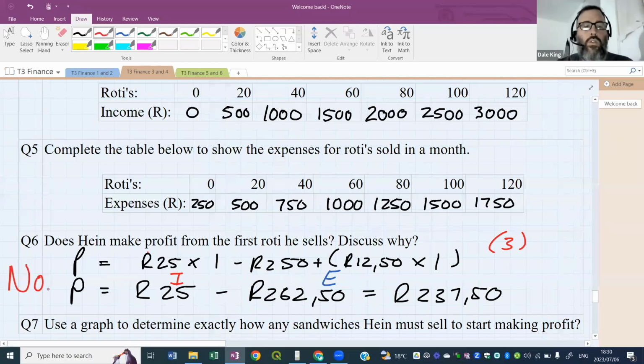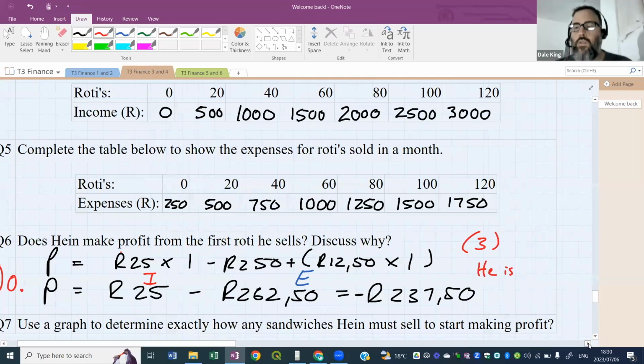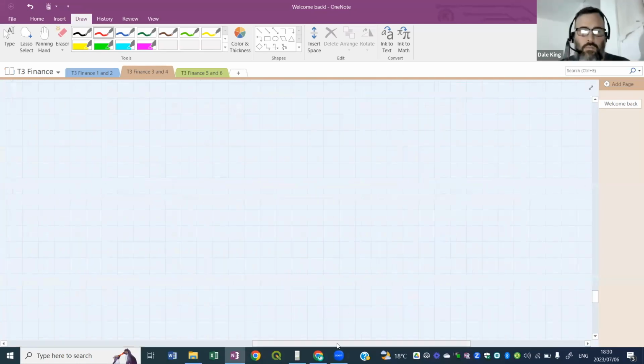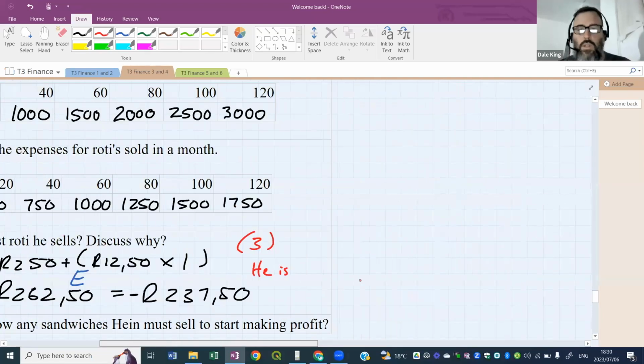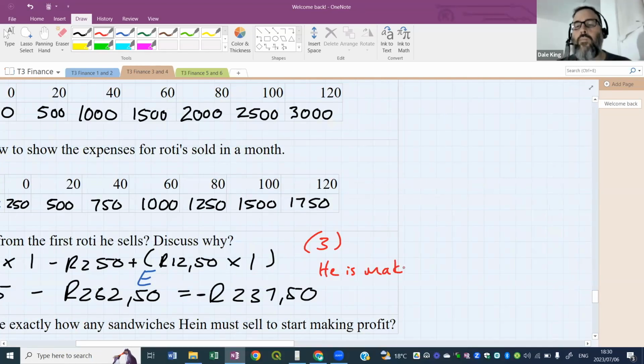No, for the 1 mark, and then this calculation here with a minus in front of the answer, and then you have to state here: he is making a loss as the value shows a negative.